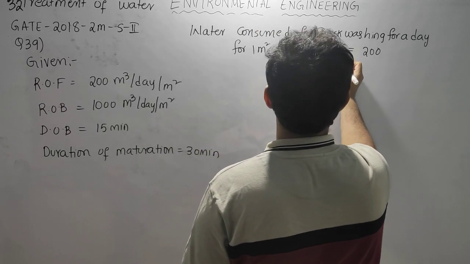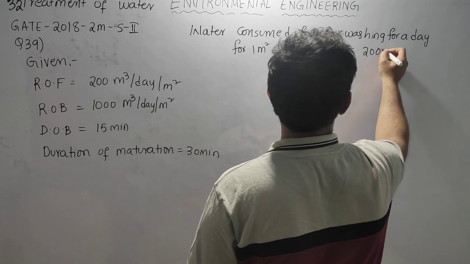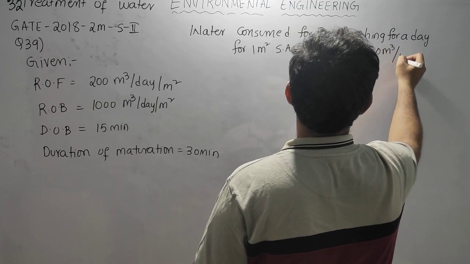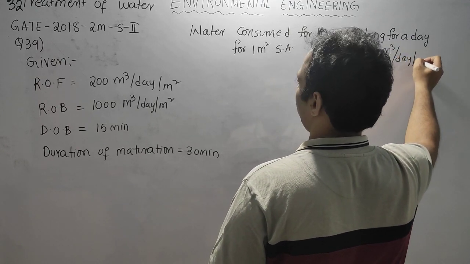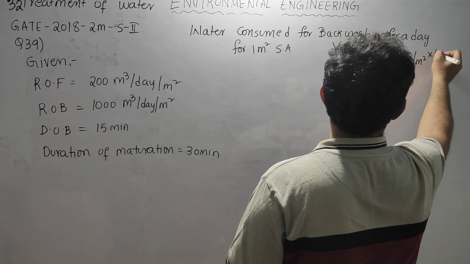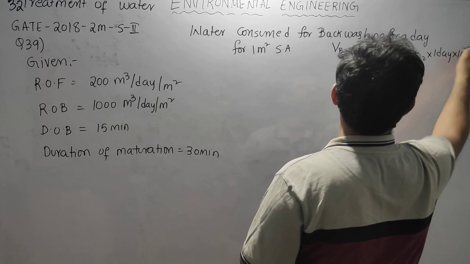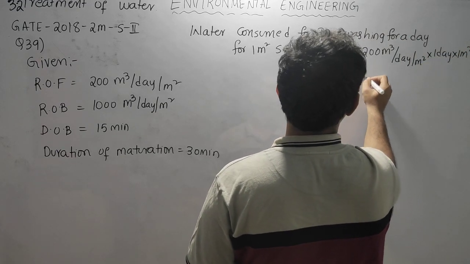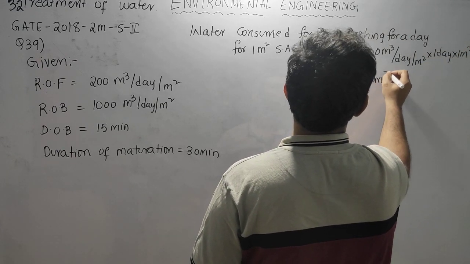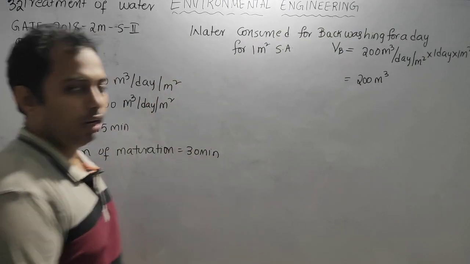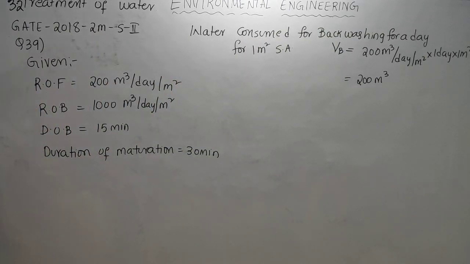Volume of backwashing is equal to 200 meter cube per day per meter square into 1 day into 1 meter square surface area. If we take that, then it is 200 meter cube.